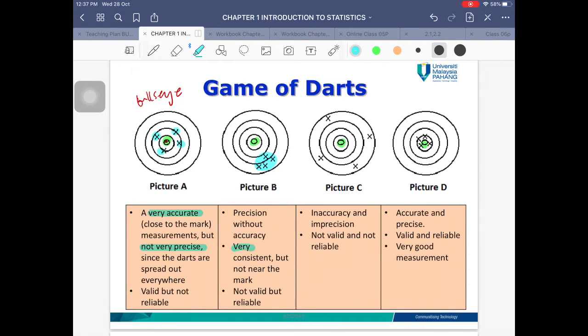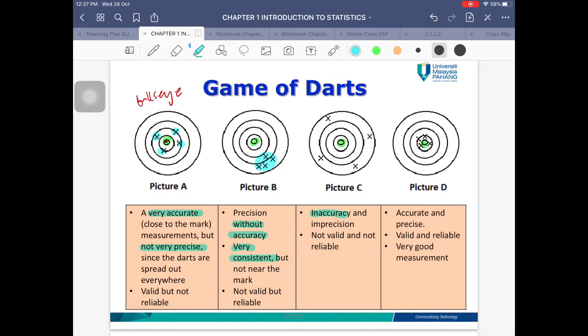For the second scenario, my dots are grouped together. They're super close to each other, so it is very consistent. I am consistently pointing the dots toward the bottom right. However, in terms of accuracy, there is no accuracy here. I am not even close to the bullseye.